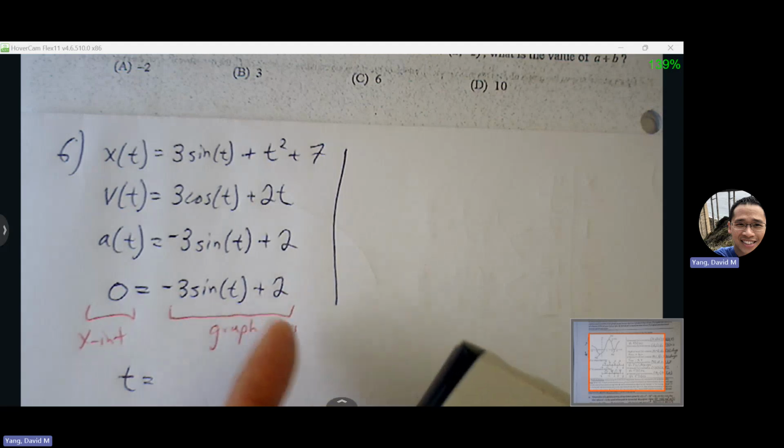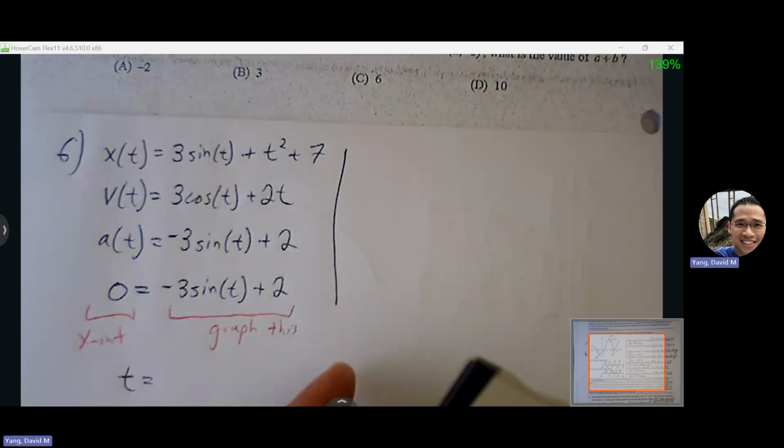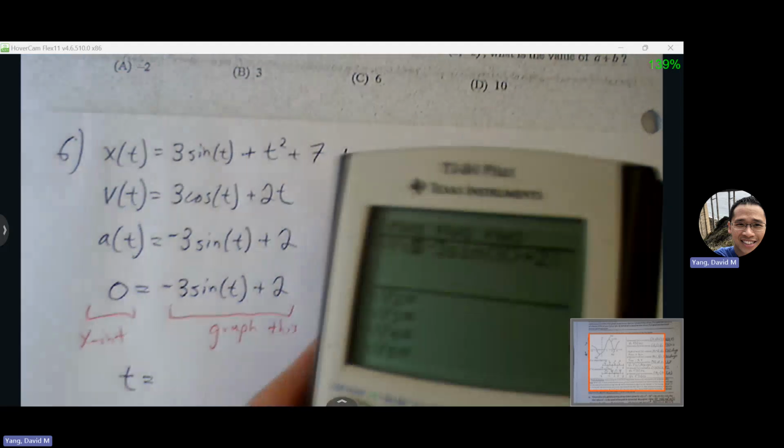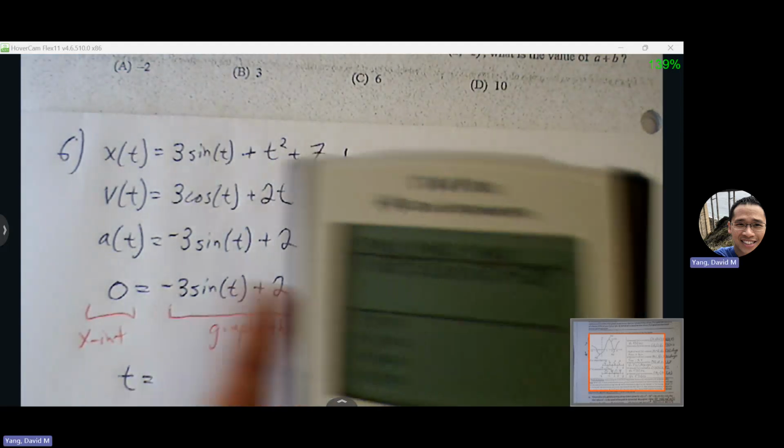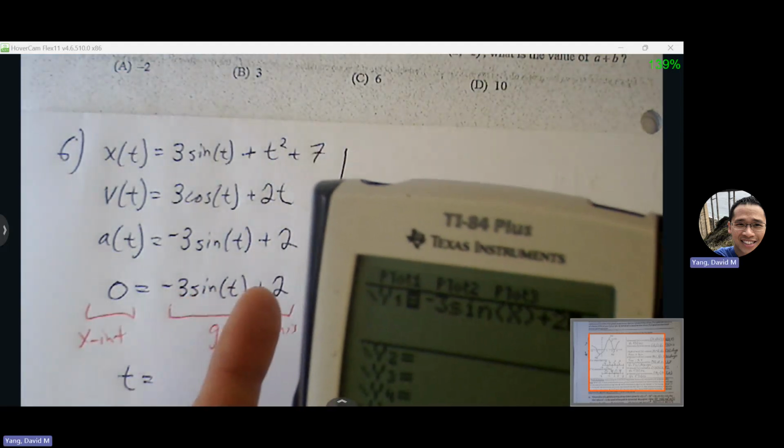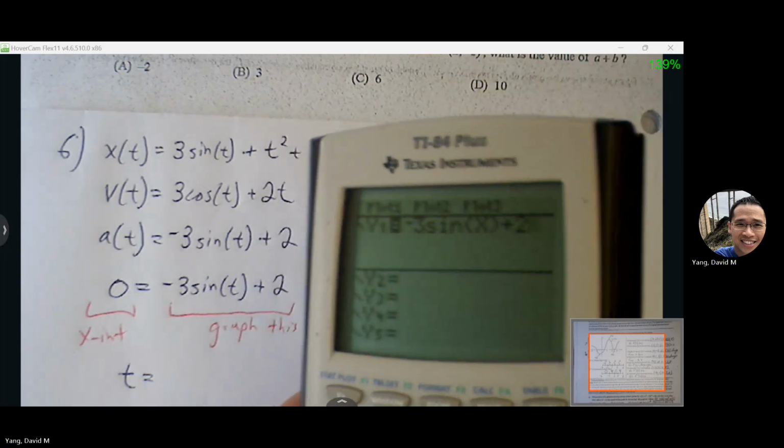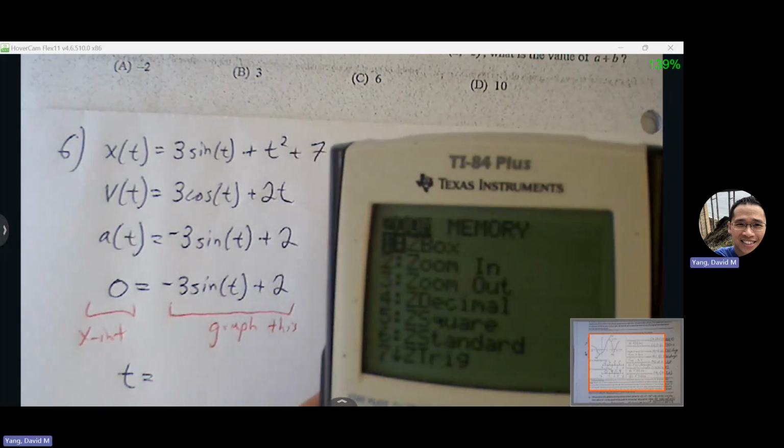It's just safer if we always just have it set in radian mode, so we don't have to worry about when is it degree, when is it radian. If there's no trig involved, it doesn't matter if it's degrees or radians. So I'm going to do zoom 6.